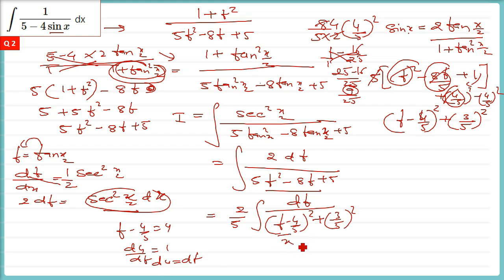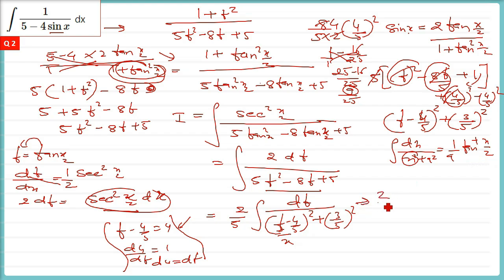Some may ask this question: if you are applying the formula dx by x² plus a², t minus 4/5 is not equivalent to x, it has 4/5 extra. But I've shown you that if you take it as u, du and dt will be equal. So you can take t minus 4/5 as x and apply the formula in the same way.